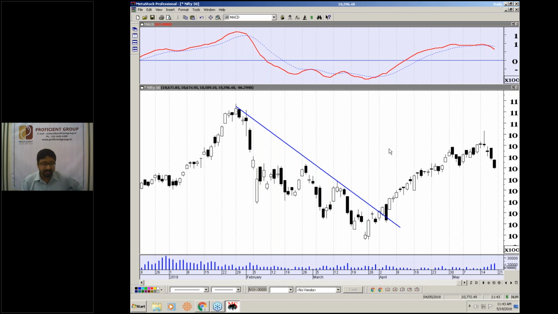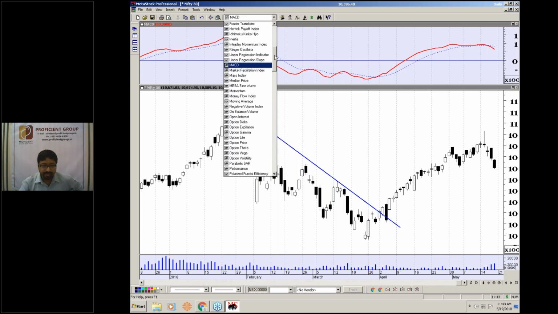So MACD is again one such oscillator, and this indicator is derived from two moving averages, which are the 12 and 26-day exponential moving averages, right?